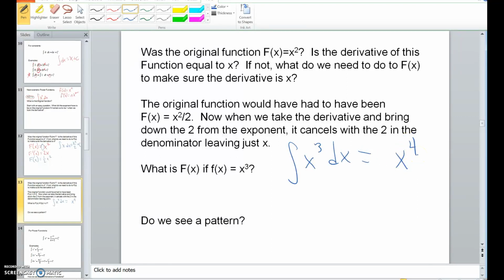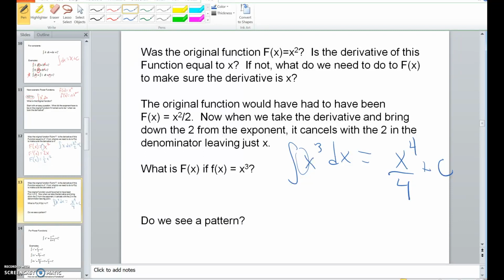And I know that I need a coefficient out in front of it so that when I bring down that 4 from the exponent, I end up with a coefficient of just 1, because the coefficient in the derivative was just 1. So that means that this needs to be x to the 4th over 4, because when I take the derivative of that, I do get back to x cubed.